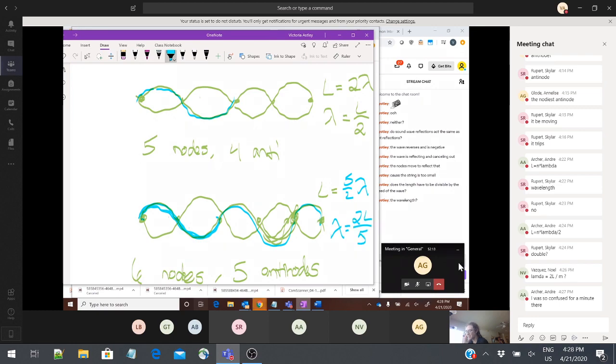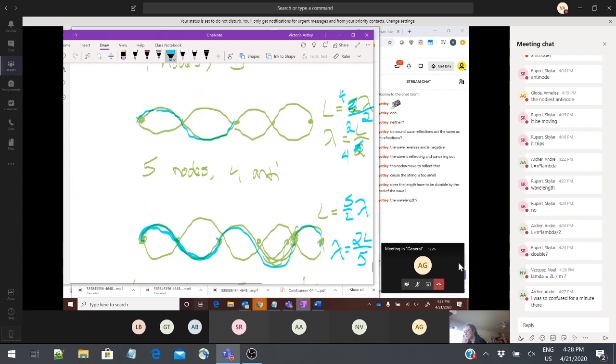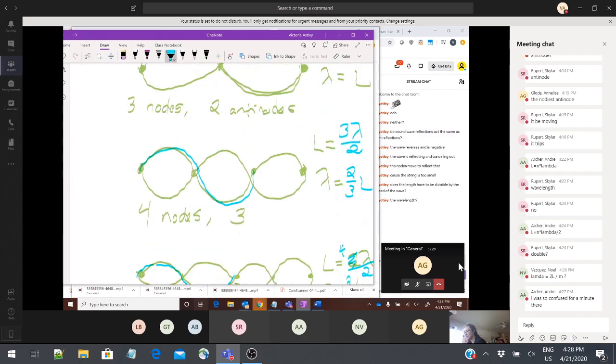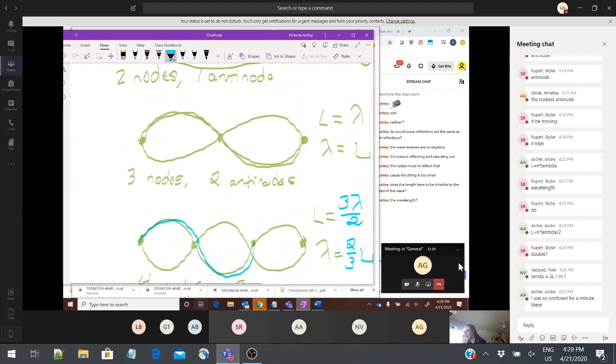And then by now you have possibly found the pattern. This would be the same as 4 lambda over 2. And this would be 2L over 4. This would be 3 over 2, 2 over 3. This would be 2 lambda over 2, 2L over 2.